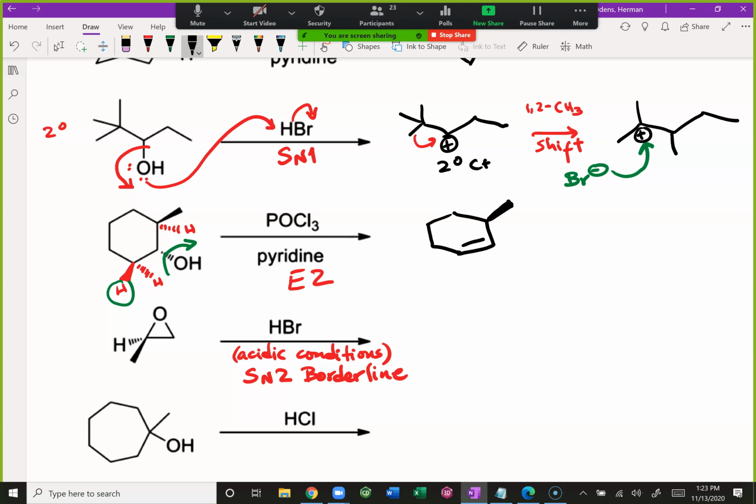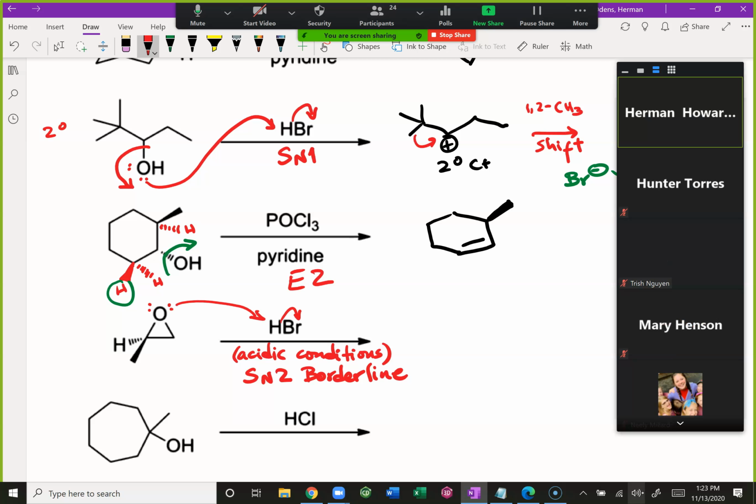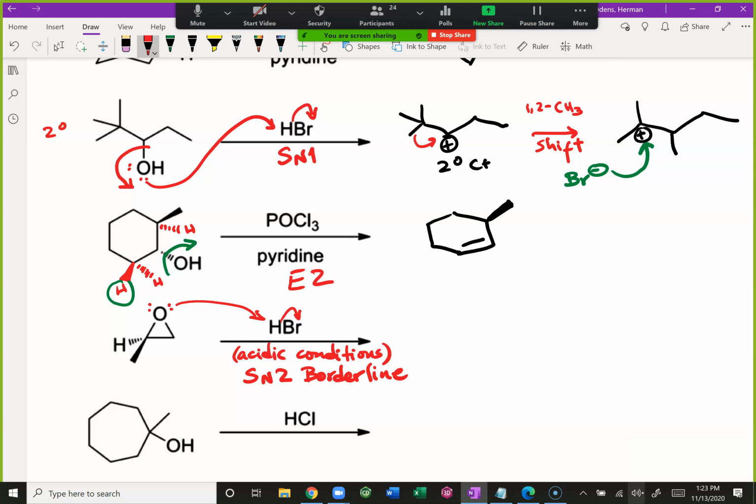And yeah, so if that's the case, we'll go to the nucleophilic attack. So what's going to be the nucleophile? This oxygen grabs the H and the bromine is kicked off. All right? So option number 1 or option number 2, where does the attack go for the SN2 borderline?